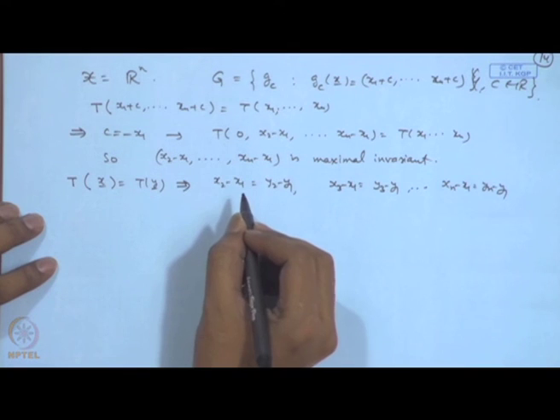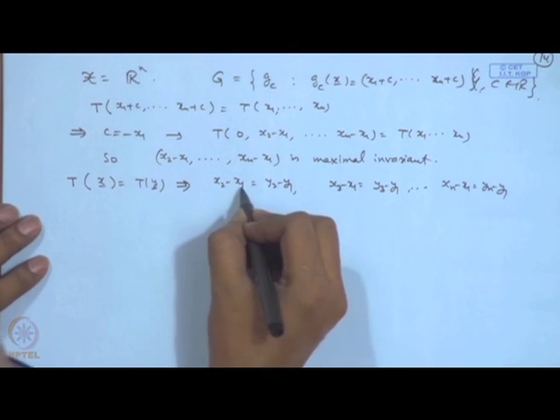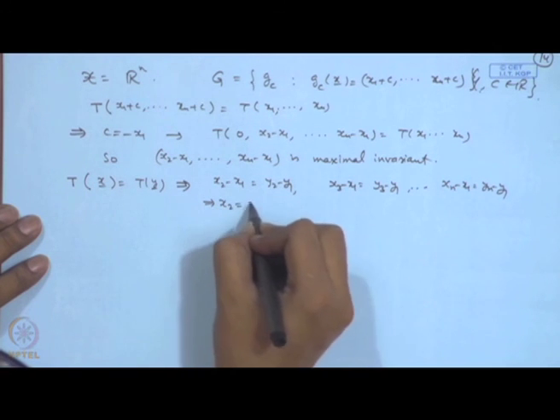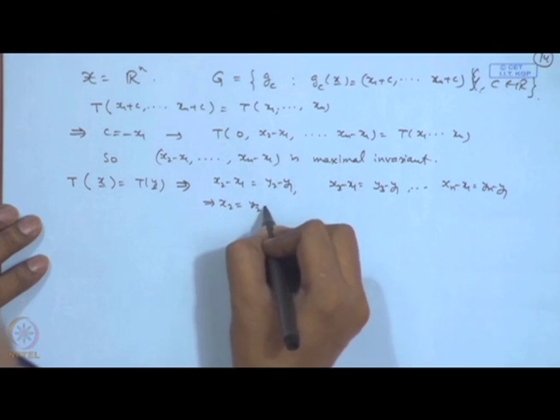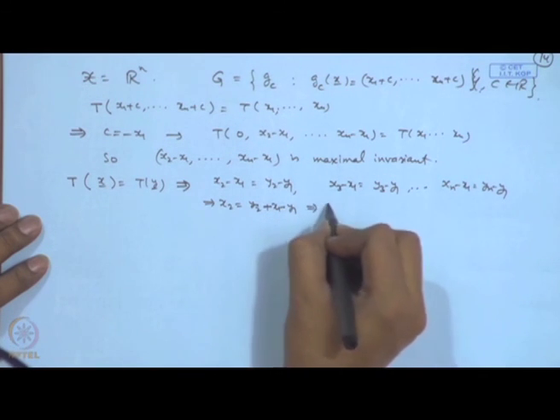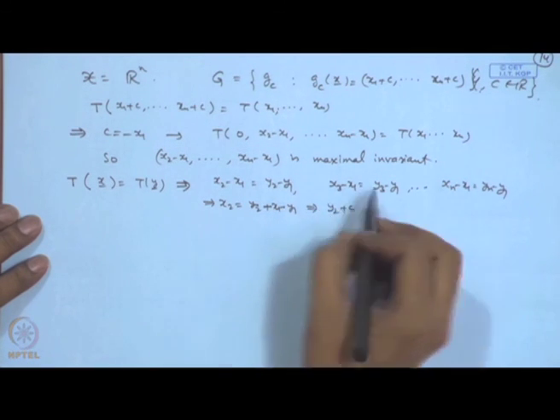So, each of these I can write as x 2 is equal to y 2 plus x 1 minus y 1, that is y 2 plus c.